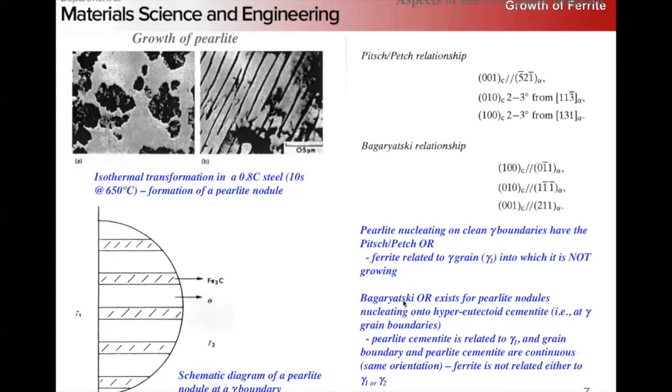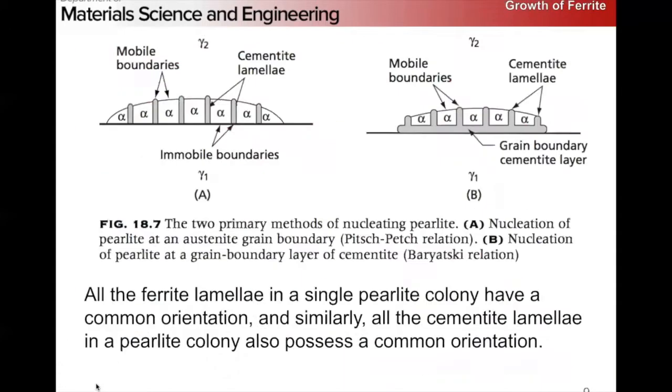If we have proeutectoid cementite at the grain boundary, we have a situation that looks like this, right? So here's the grain boundary cementite layer. We then have the ferrite laths that grow off it, right? And again, this is an immobile boundary.